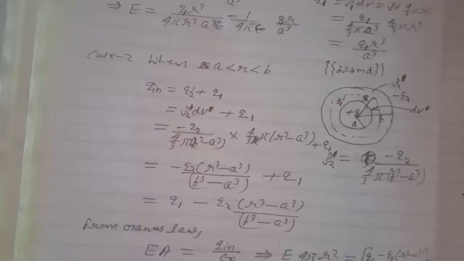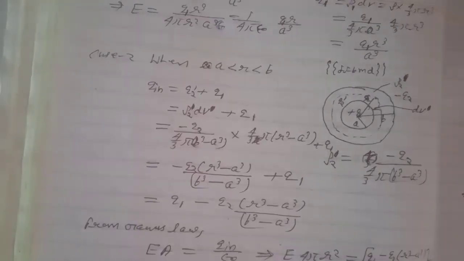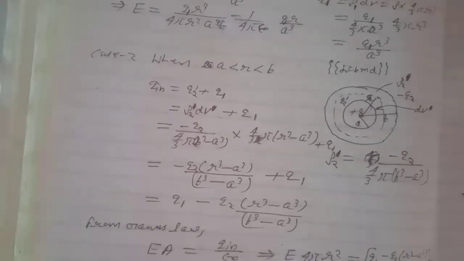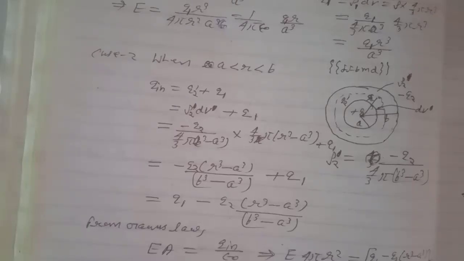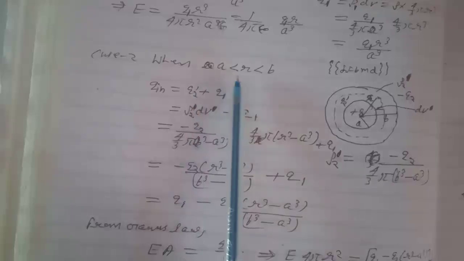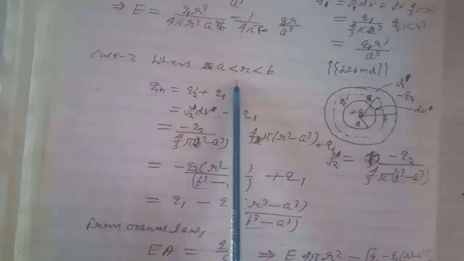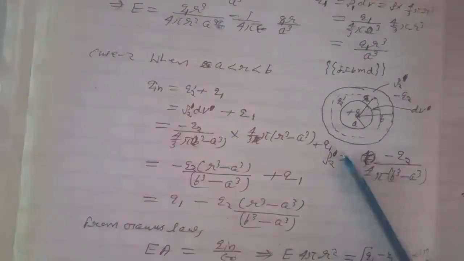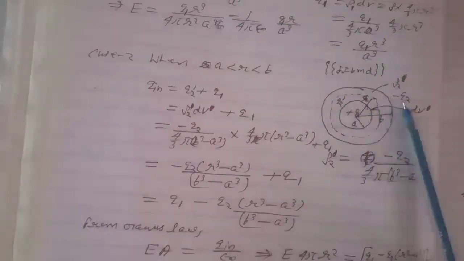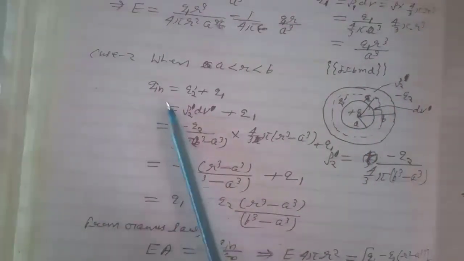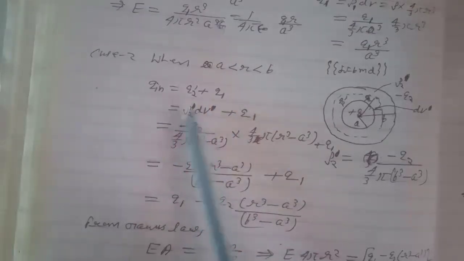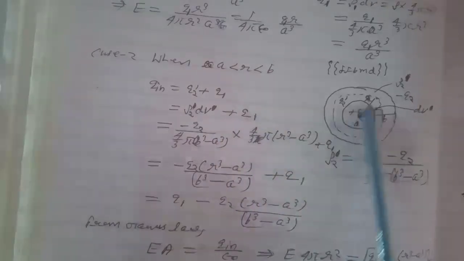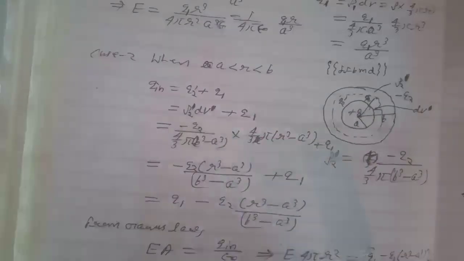Now when the point is inside the second sphere and outside the first inner sphere, that is, the condition is when r is greater than a and less than b, that is inside the second sphere. Given the charge on the second sphere is minus q2, q in will be q2 dash plus q1, where q2 dash is rho 2 into dV, and dV is the volume of the Gaussian sphere.